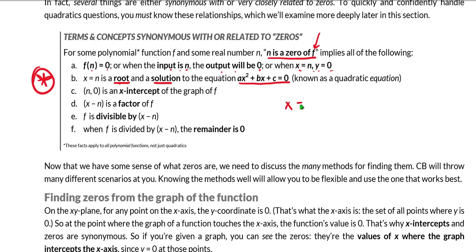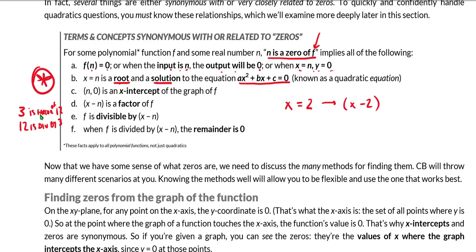So if I know, for instance, that x equals 2 is a 0, I would know that x minus 2 is a factor of the polynomial function that I am dealing with. Divisibility and remainders are not going to be all that important. We will go over this a little bit later. But in the same way that when I say 3 is a factor of 12, I could also say that 12 is divisible by 3.